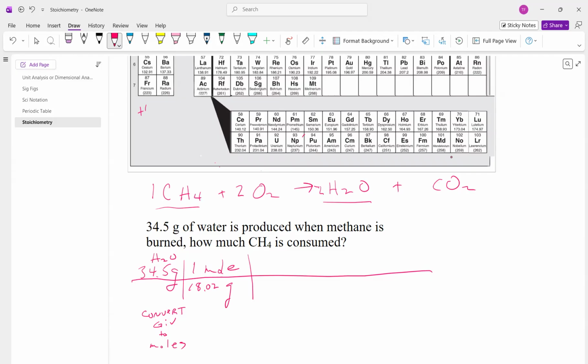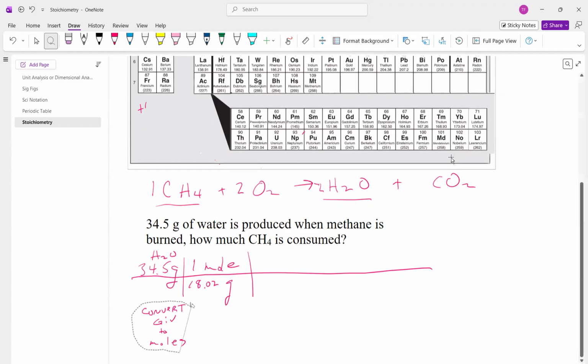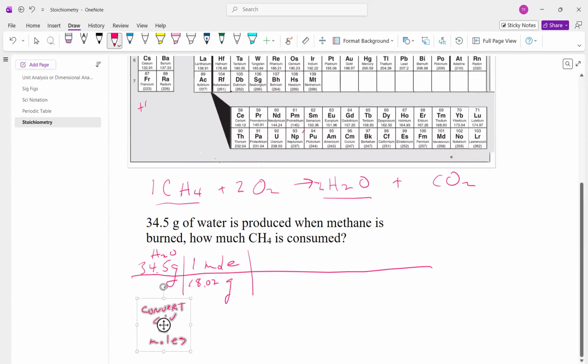How did I get that? From the periodic table. Two hydrogens, 1 oxygen. Adds up to 18.02. Okay, so that's the first step. So we want to convert.